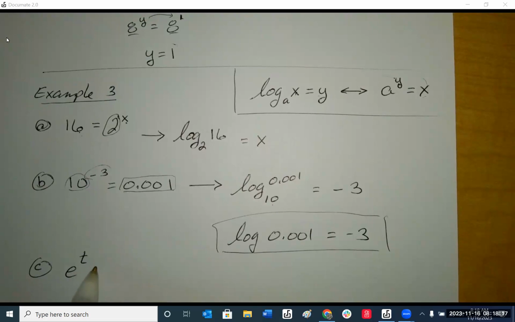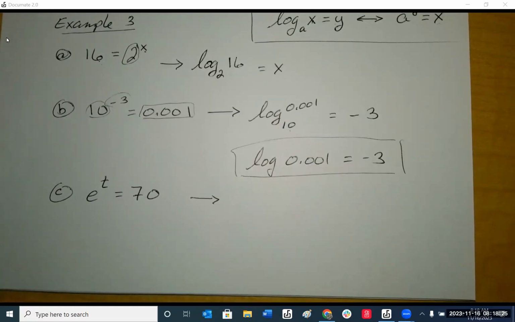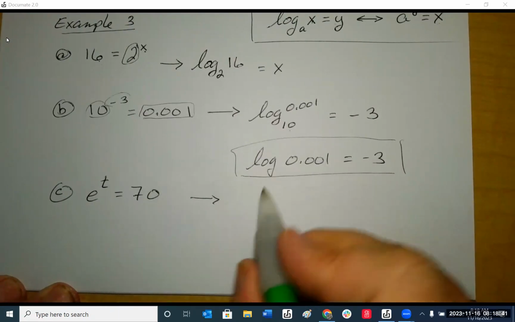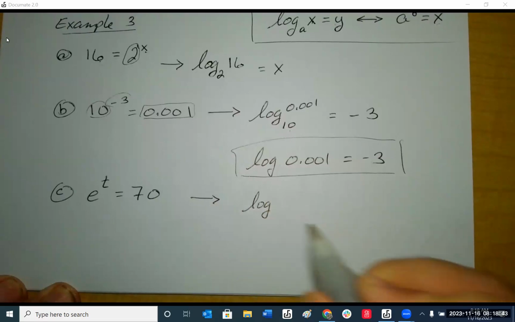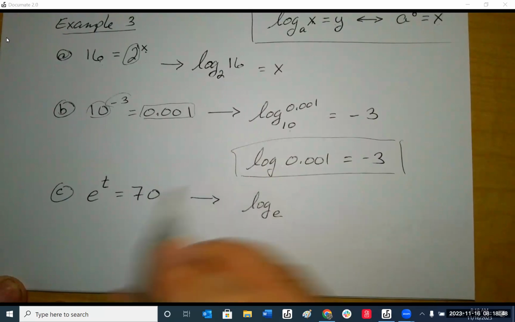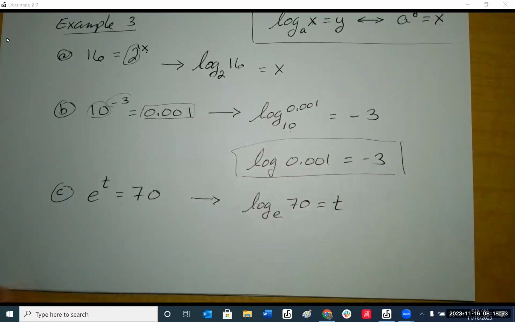E to the t equals 70. So the log base E of 70 equals t.